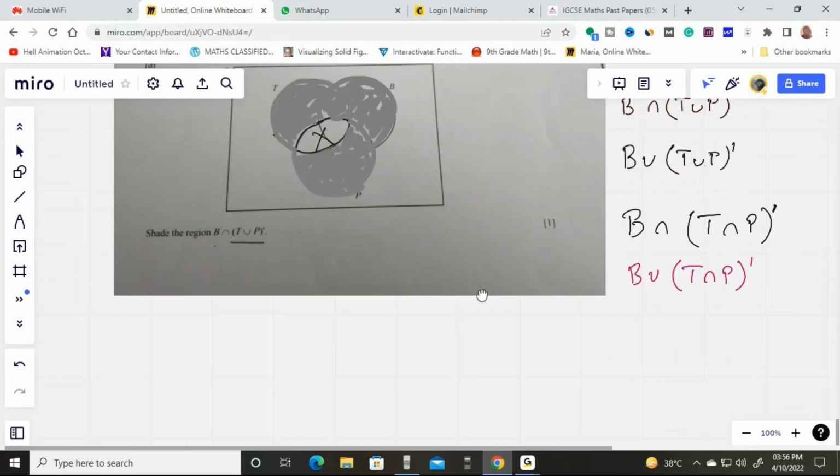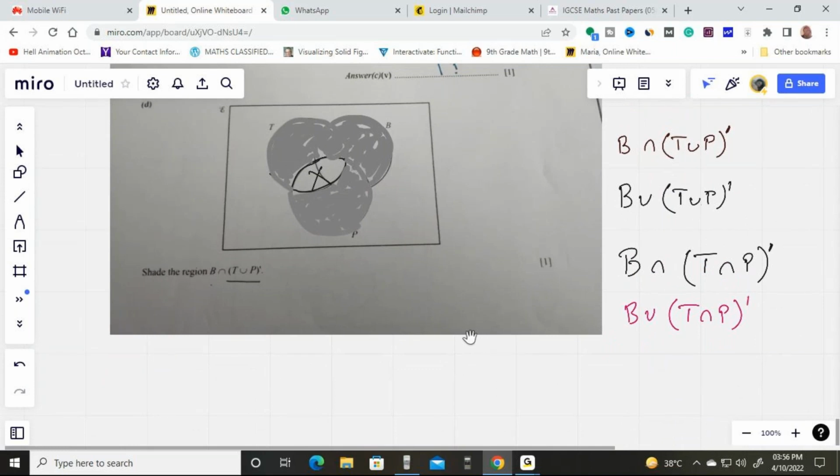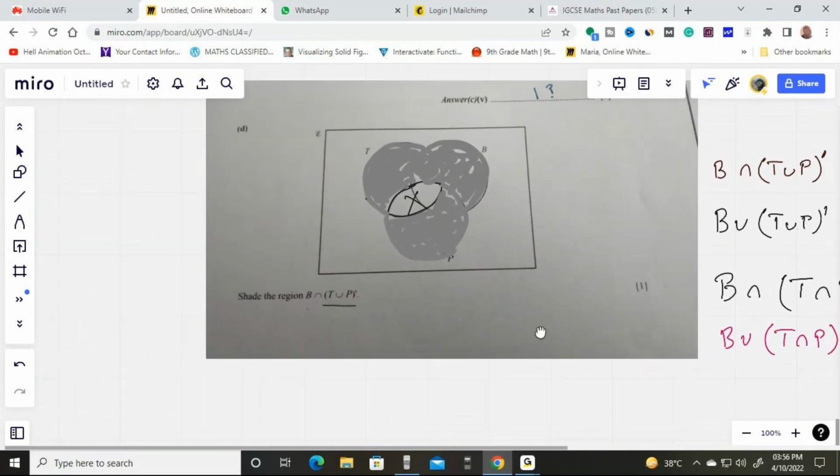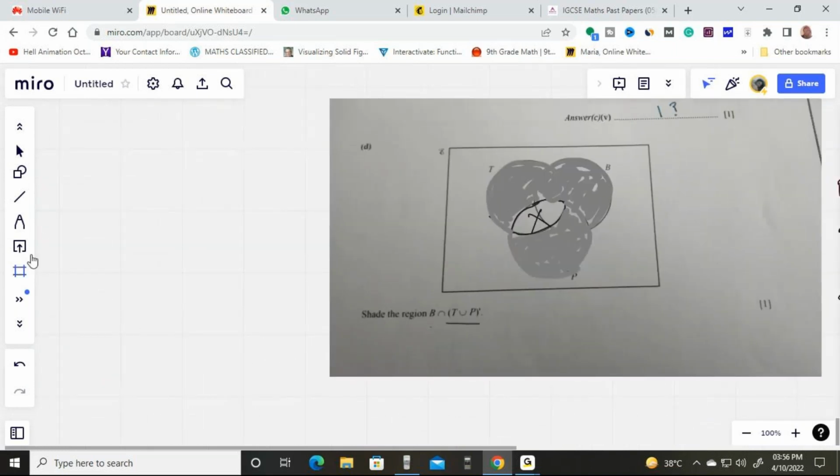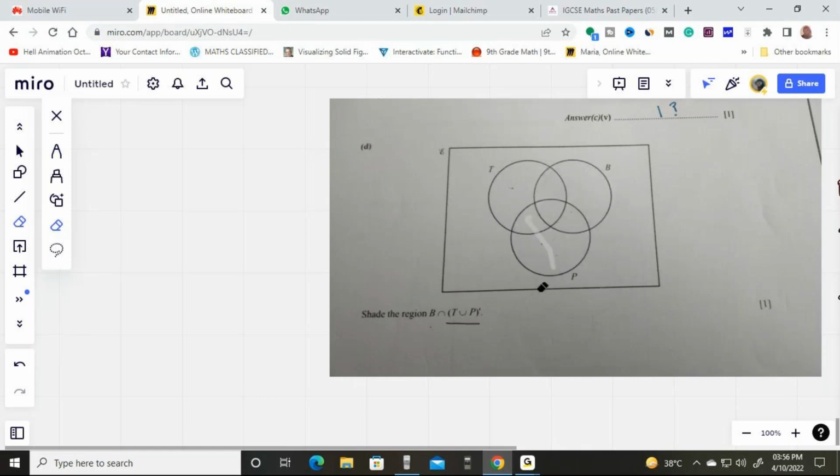What if they gave B union T intersecting P, but without the complement? Okay, like this.